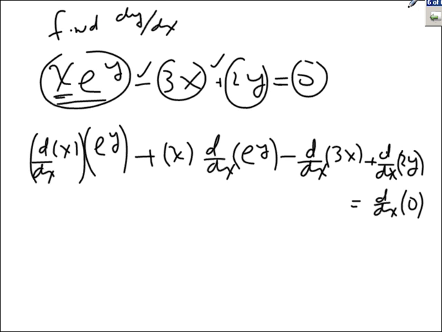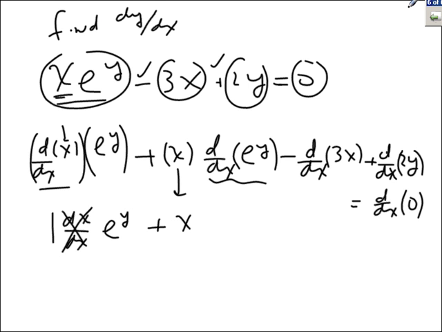The derivative with respect to x of x is, well, the derivative of x is 1. x is in terms of x with respect to x. That is, this cancels and you just get 1 times e to the y plus x times the derivative of e to the y with respect to x.